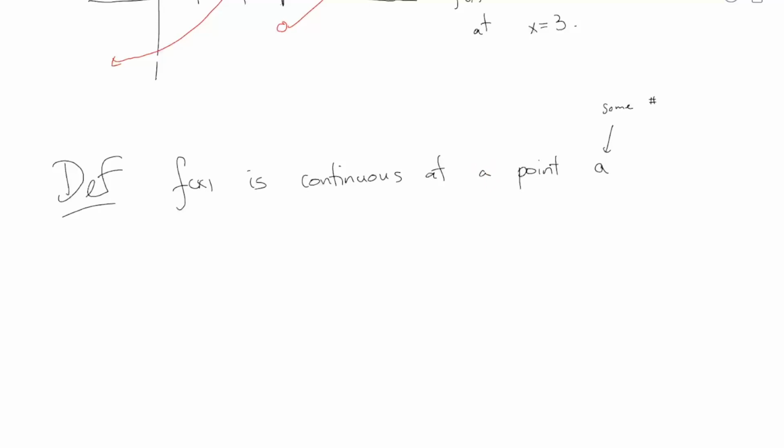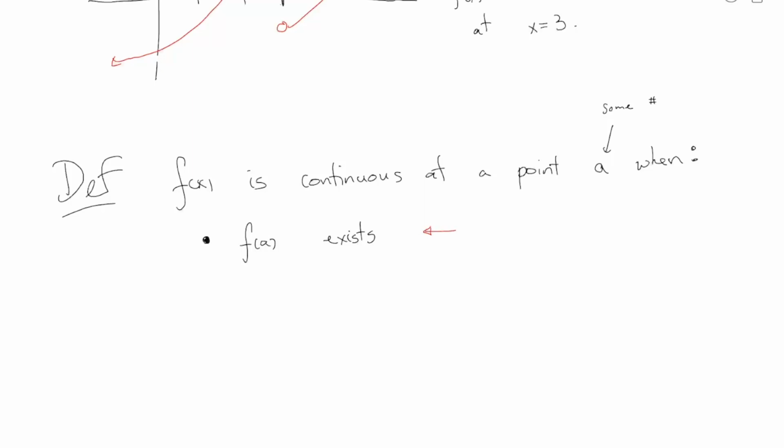f of x is continuous at a point A, some number A, when three things have to be true in order to be continuous. The first thing is that f of A exists. I'm going to write the three things and then give a little commentary on what each one means.